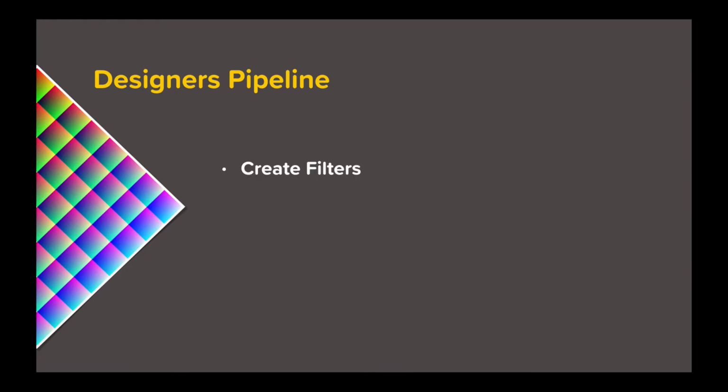Designers create filters. They use all those complicated tools, and they tweak those curves for us, they apply all those values, but they apply those on these identity lookup images, lookup tables.